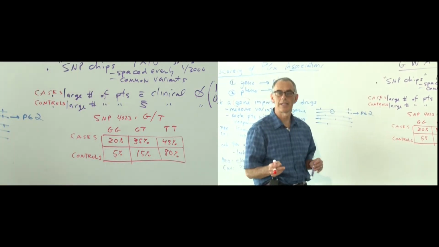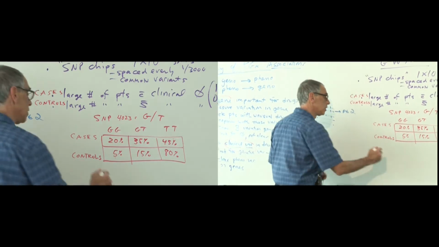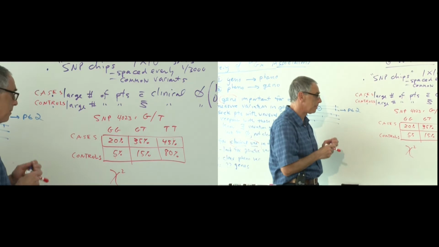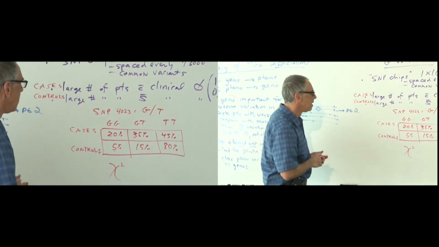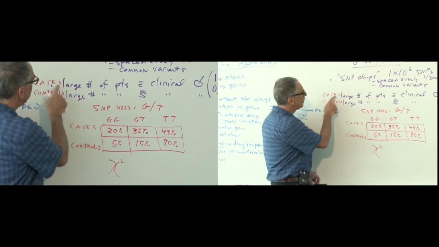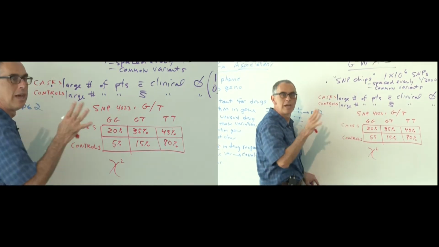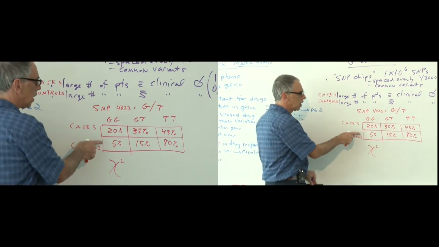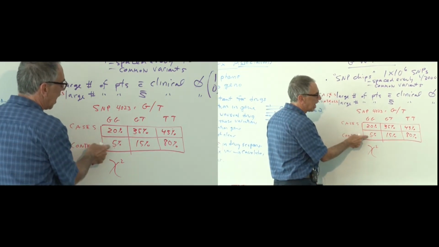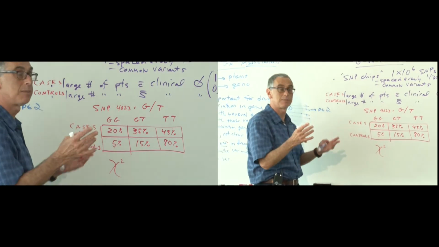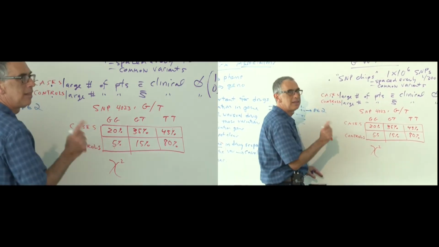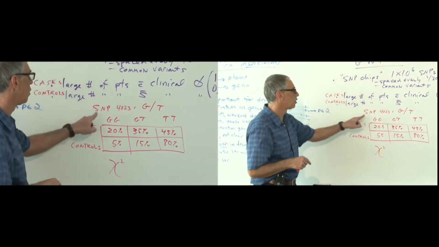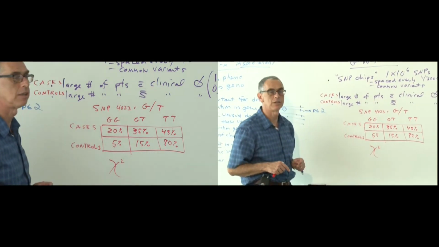We're not going to discuss the statistics. I can tell you, for those of you who are statisticians, that we use something called the chi-squared test. If that means anything to you, that might make sense. If not, don't worry about it. But what we're going to do is ask, given the number of cases and controls that we have, and we acknowledge that there's going to be a little bit of variability, is that variability such that the difference between 20 and 5 is expected to be possible or extremely unlikely, and therefore due to the fact that the GG really does have something to do with increasing the risk of this clinical phenotype?